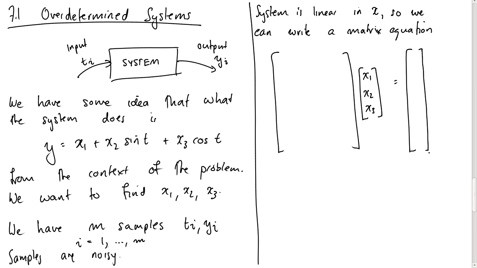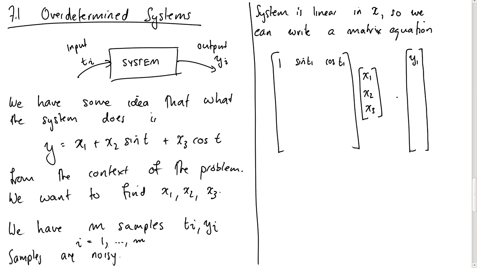For the first data point, for i equals 1, we have that yi, or y1, is equal to x1, so it's one of those, and it's going to be sine t times x2, so we stick sine t1 here, and it's going to be cos t times x3, so it'll be cos t1. So my first sample can be put into the equation like this.